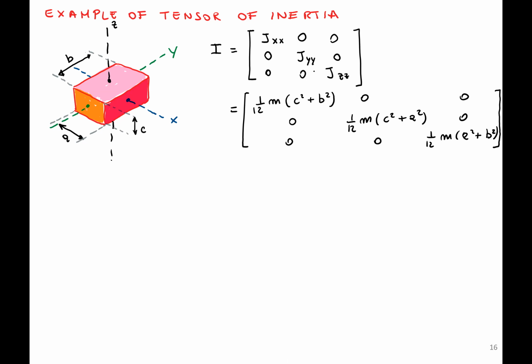Whenever we have a link with a different, non-symmetric structure, we always have non-zero elements off the diagonal. Okay, and we have also non-zero elements if the axes we are computing the tensor of inertia about are not aligned with the axis of symmetry of our body. So if we have something like this, not aligned.